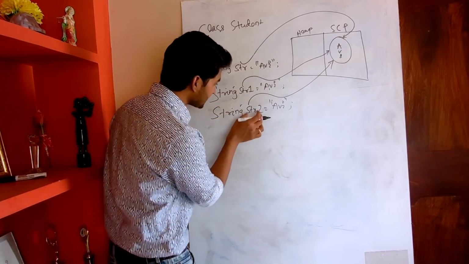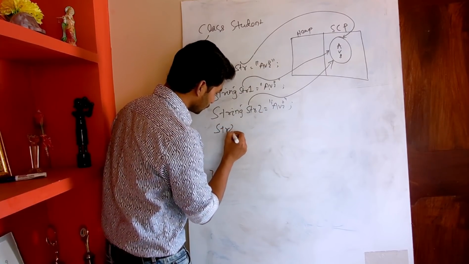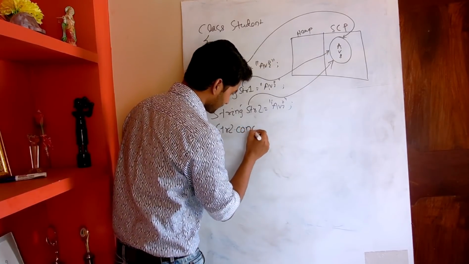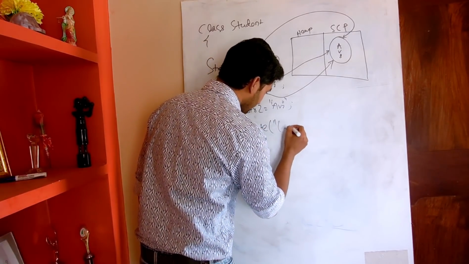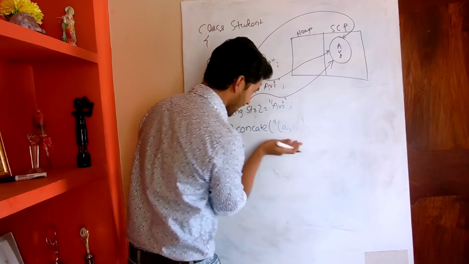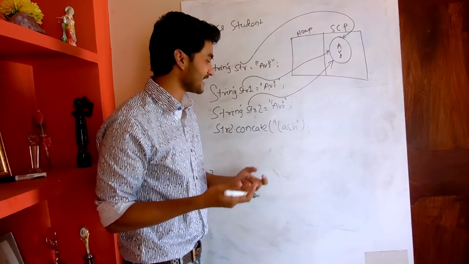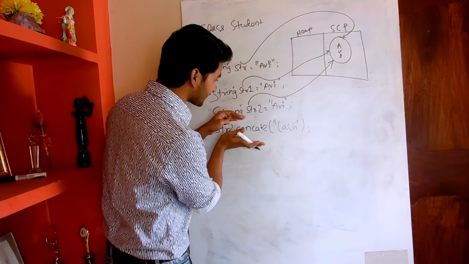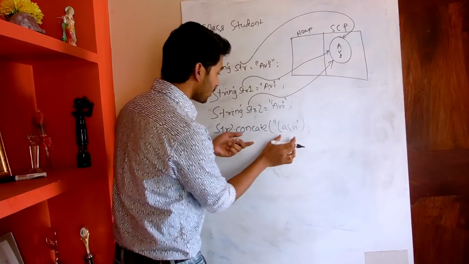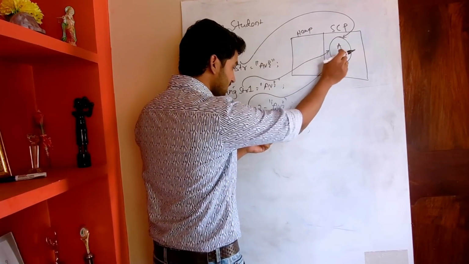Okay, let's say I'm changing this str2 value. I'll do str2.concat, and I will concat "last" here. Okay, "last" does mean something else in Hindi, so let's not think about it. So let's talk about str2.concat of "last", right? So what will happen? Now this str2 is referencing this object, right?